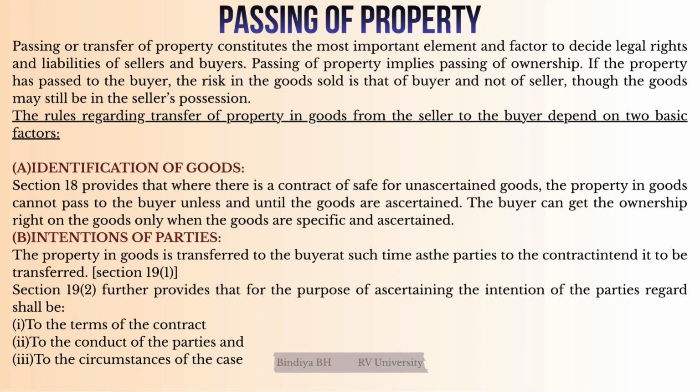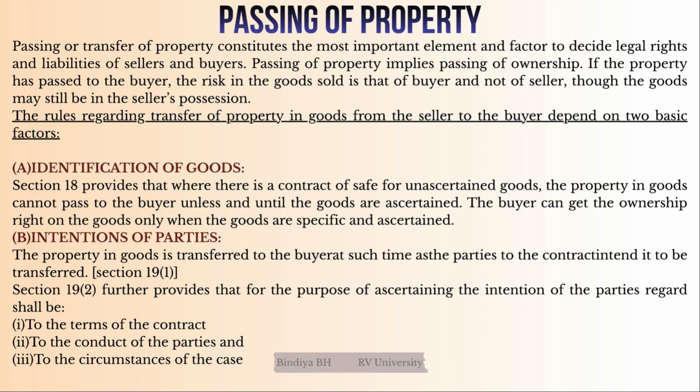So, what is the general rule? The general rule is ownership passes when the parties intend it to pass. What do you mean by intention? How can anybody know the intention of the parties? Here the Act gives us four guiding rules to identify the intention.